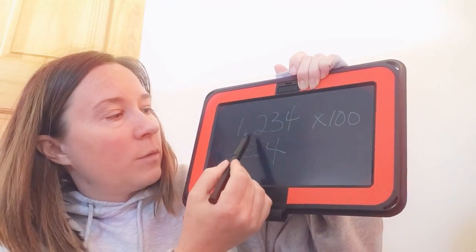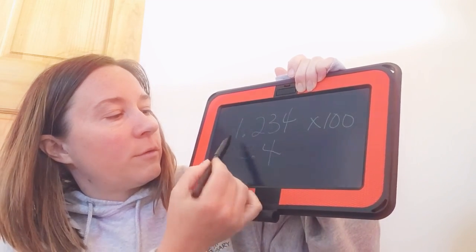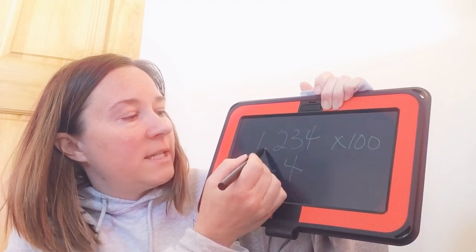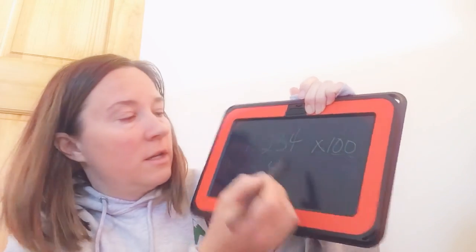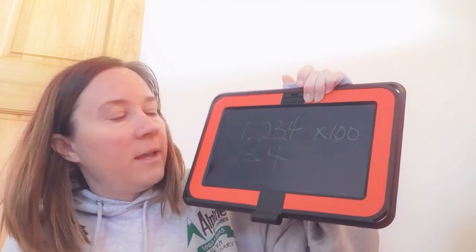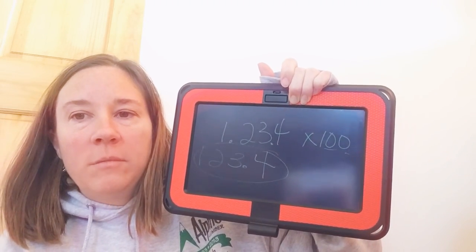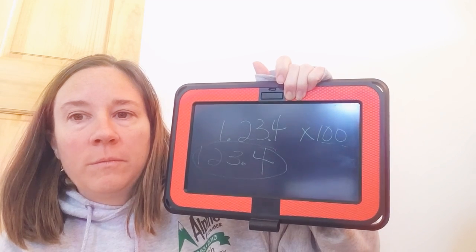This is going to go over 1, 2, 3 places to the left, and then I place my decimal. Or I could take this decimal and look at it and go, well, it's 100, so I'm going to shift it over 1, 2 places to the right, and now I get my new number. Both of them produce the same value, the same number. Okay.